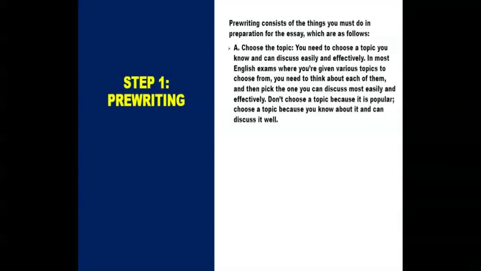In most English exams where you are given various topics to choose from, you need to think about each of them and then pick the one you can discuss most easily and effectively. Don't choose a topic because it is popular. Choose a topic because you know about it and can discuss it well.